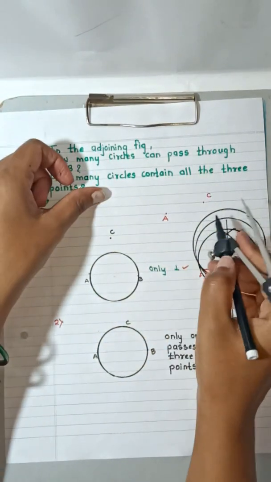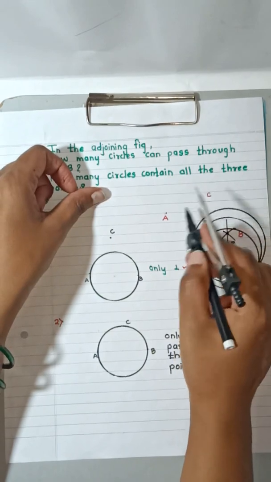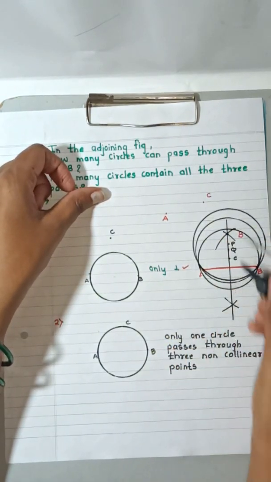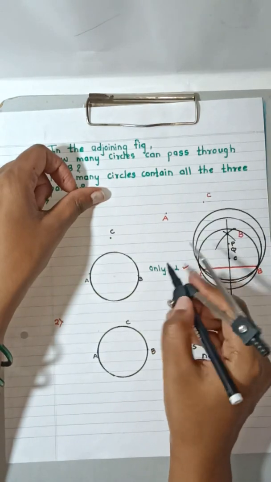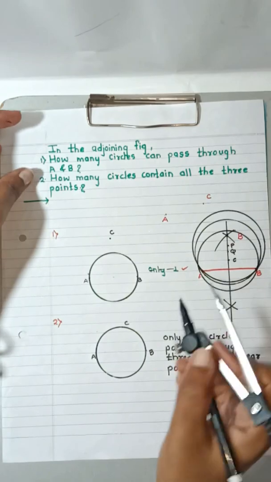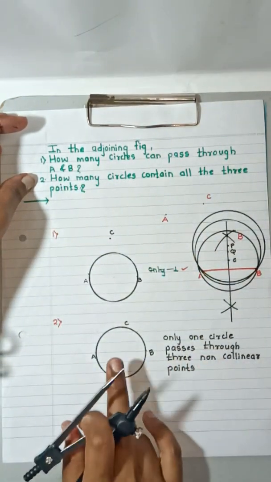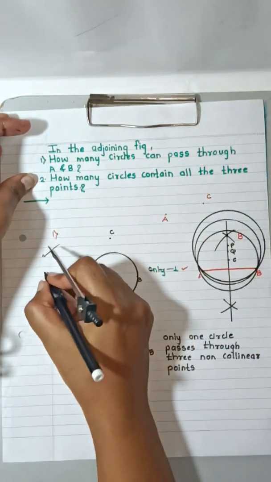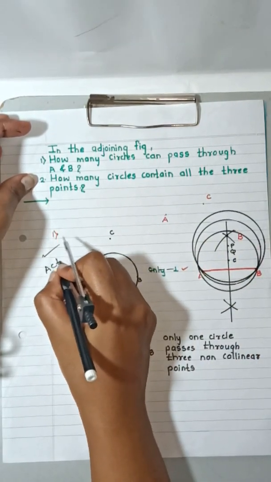So here, as they have given only these 3 points, I can draw only one. But if I draw a perpendicular bisector and take many points on it, you can also write down here innumerable circles. Okay, so it's better that you just write down the answer of question number 2 over here, and this question number 1 we'll see in activity.